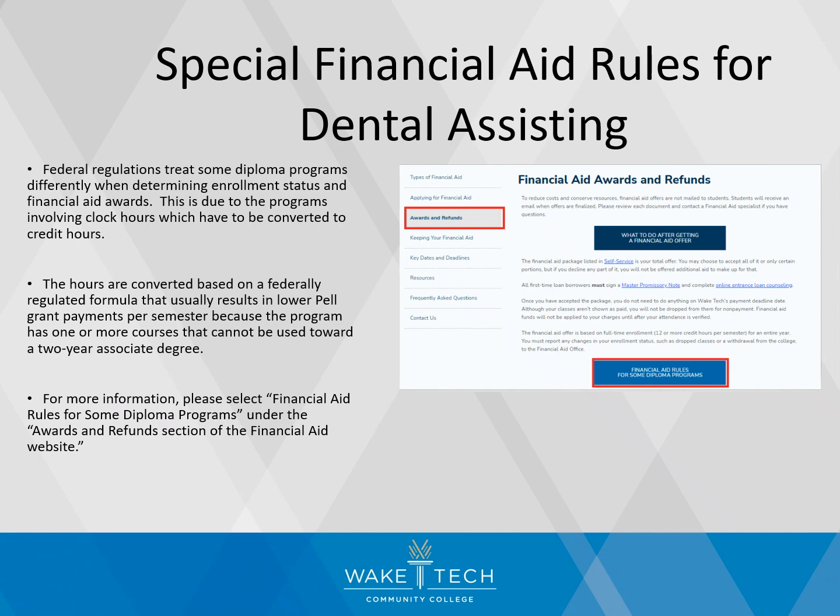For more information, please select Financial Aid Rules for some diploma programs under the Awards and Refunds section of the Financial Aid website. If you have additional questions, you can speak to Financial Aid at any of our campuses, or you may call their phone number or email them at the information provided on their website.